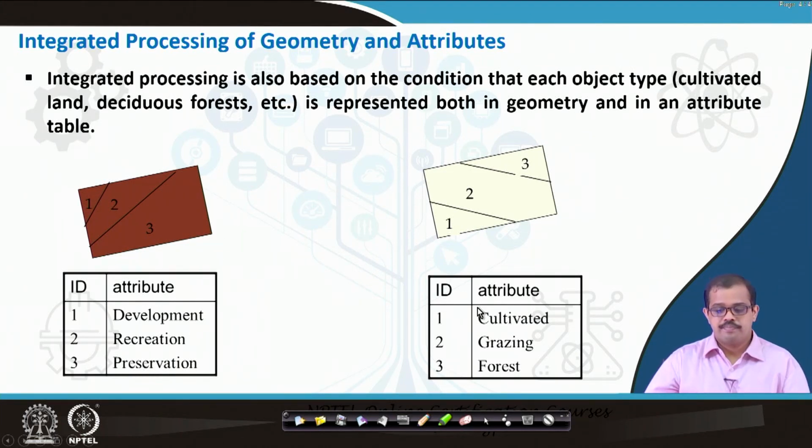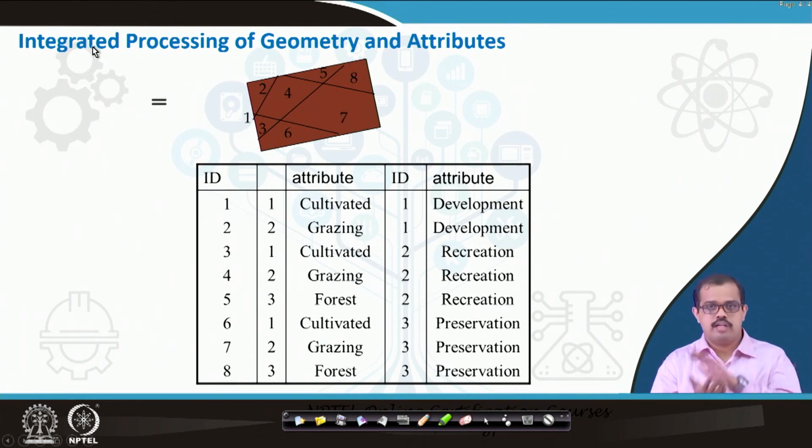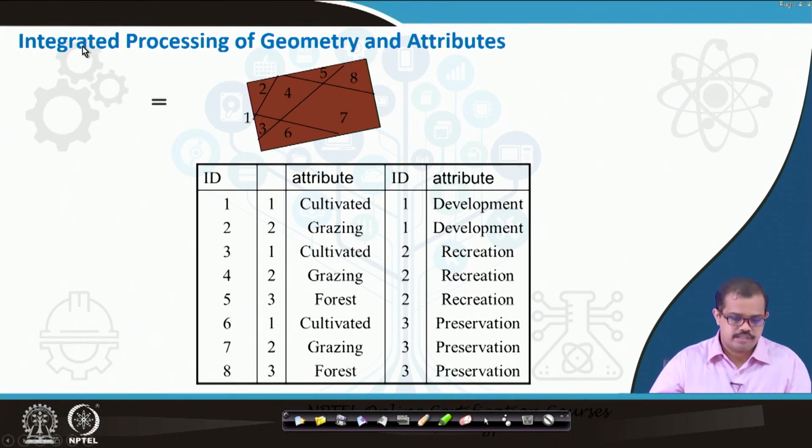Similarly, there is an ID 1 which is cultivated land, 2 for grazing, and 3 for forest. So these are the two classifications that I would take forward. When you say integrated processing, if I use both of these layers, the attribute value is cultivated, which is 1 here, and the ID here is development.